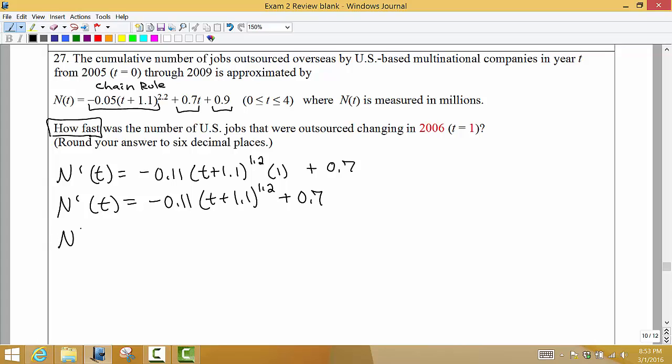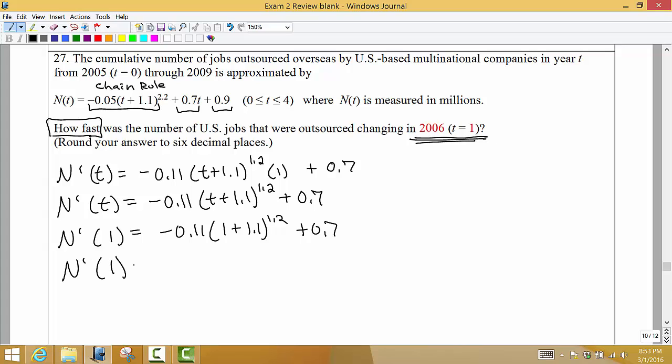Now we're asked to find the rate of change at a specific point in time. So in the year 2006, and we're told that is the same thing as t equals 1. Okay, so we can put that into our calculators and come up with a value. If you want, you can simplify inside of the parentheses.